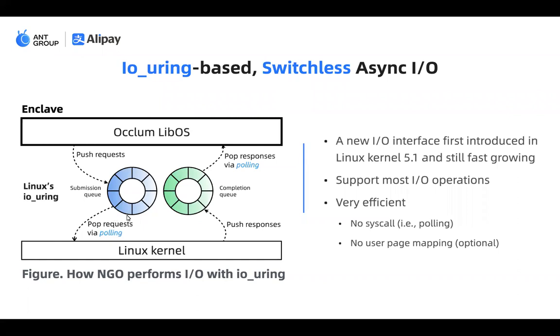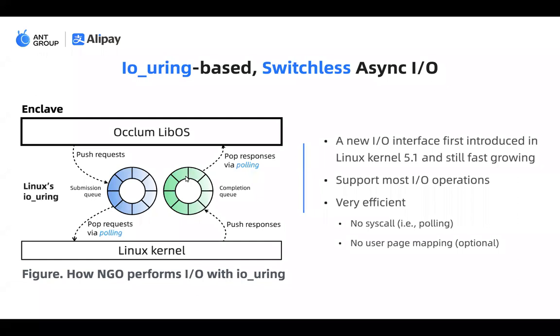So there is no enclave switching. To get a response, it also uses a shared ring buffer for completion.